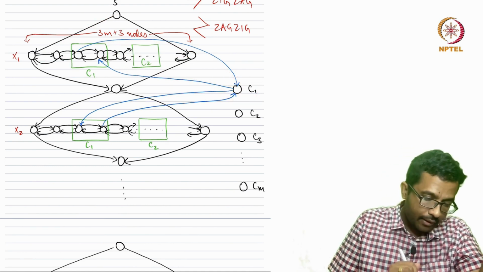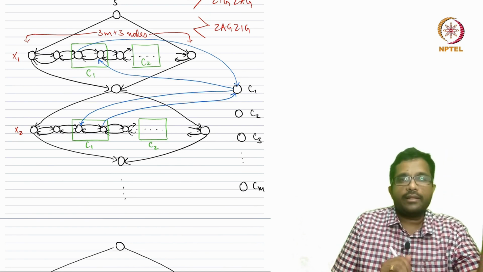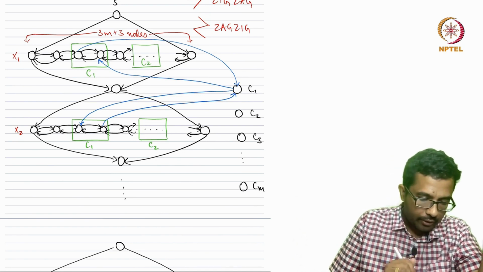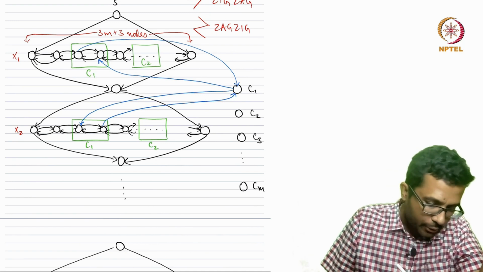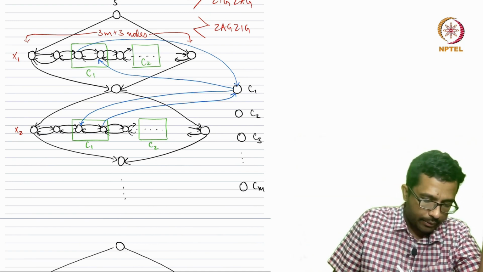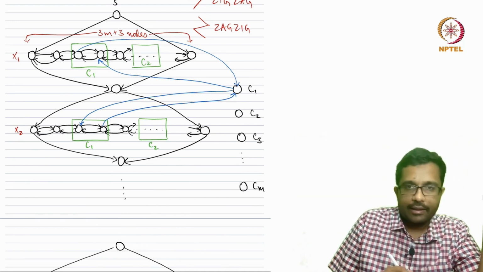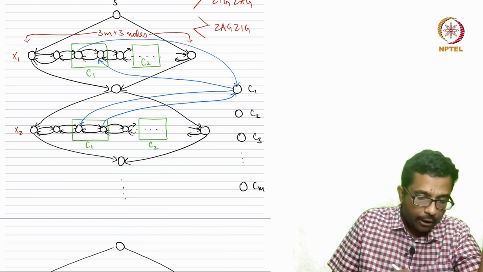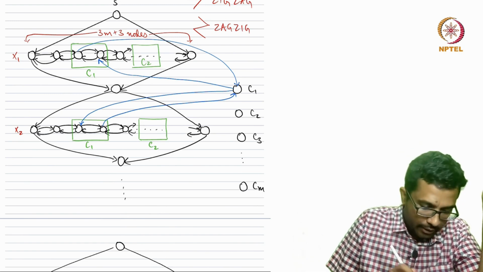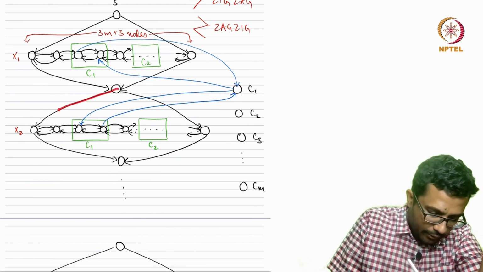Now suppose x2 complement appears in C1. That's what we said, that's why this is marked like this. Now suppose we are zigzagging. So we come here.